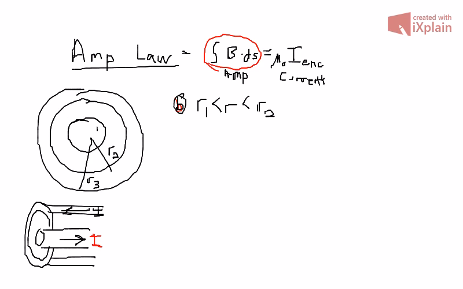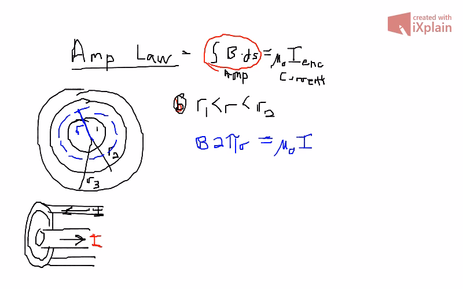My Amperian surface is somewhere in between R1 and R2. That's my R. Again, my surface is a circle, so I get B times 2 pi R, because I'm going around the circumference of a circle, equals mu naught times I enclosed.